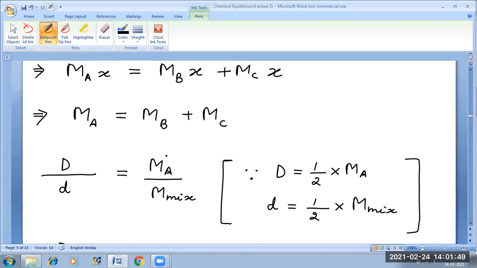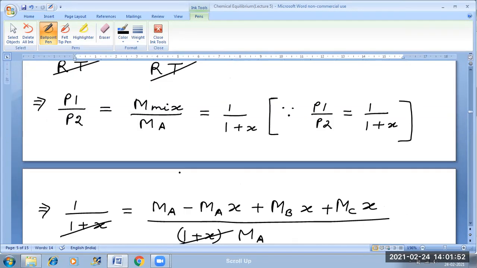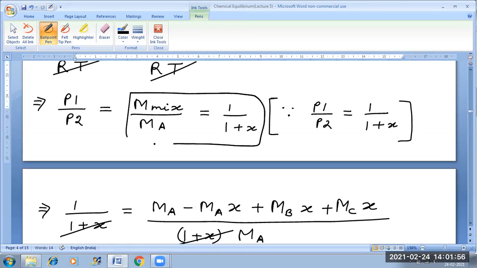And already we know that from here M mix upon MA is 1 by 1 plus x.